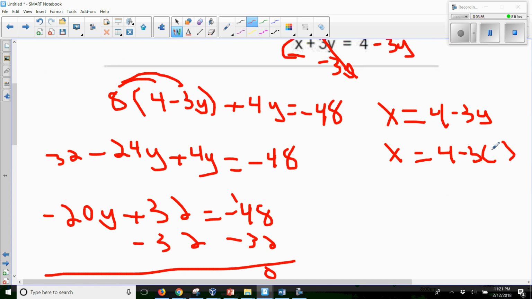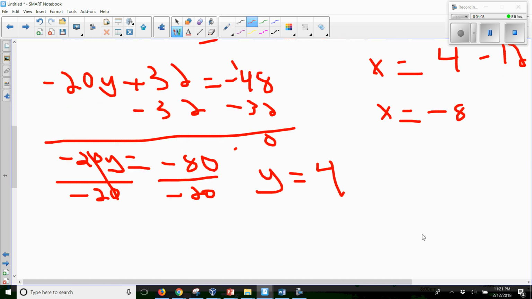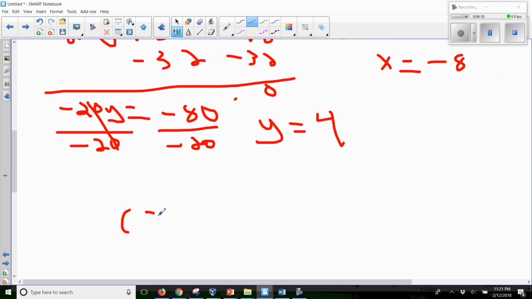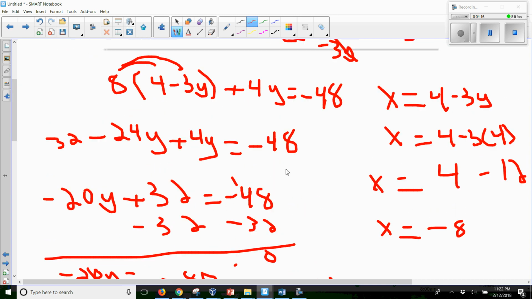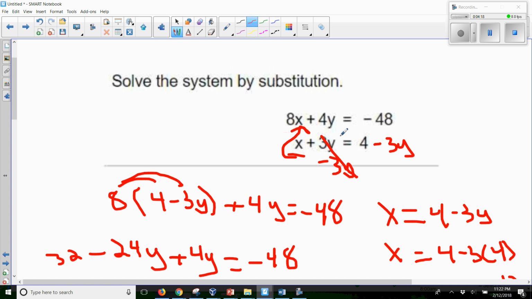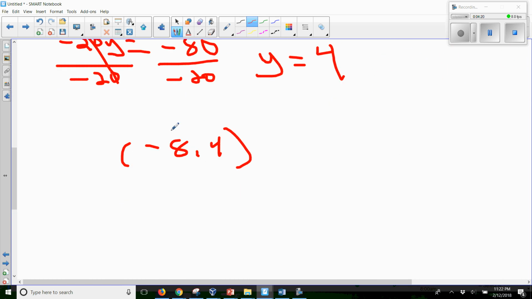So we put our 4 in, and we get x equals 4 minus 12, or x equals -8. Therefore, our ordered pair (-8, 4) should be our solution. You can check that by substituting back into the original equations and making sure that you get a true statement.